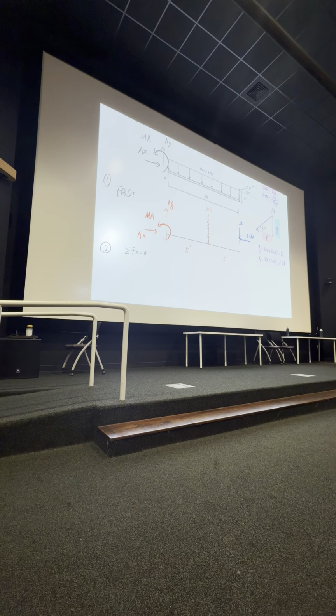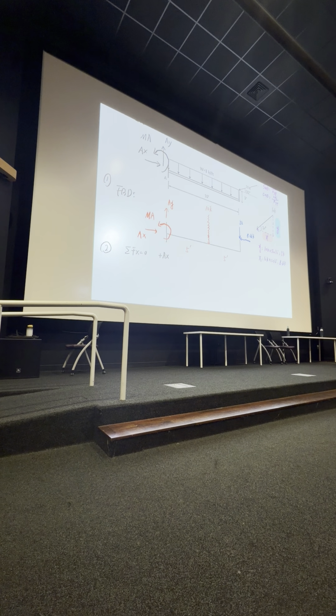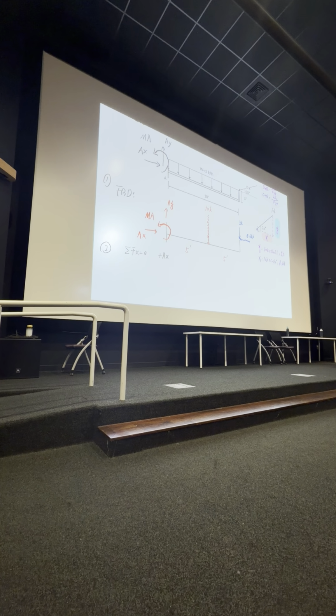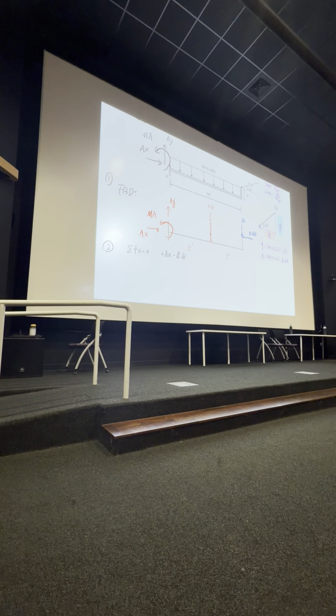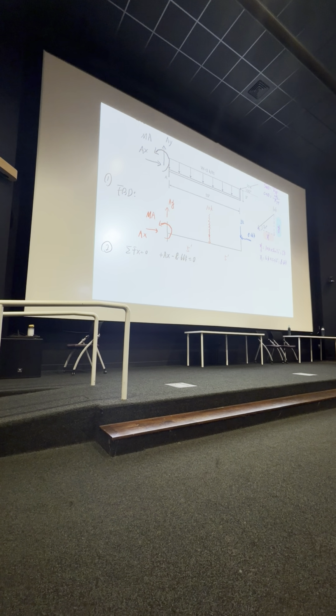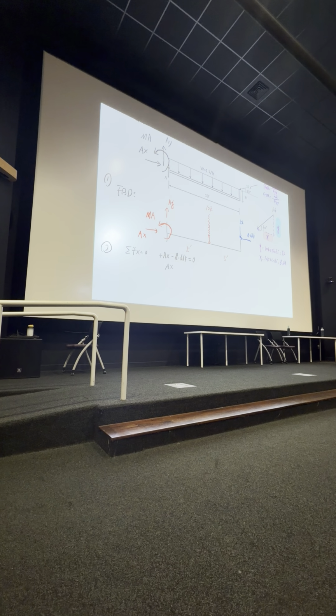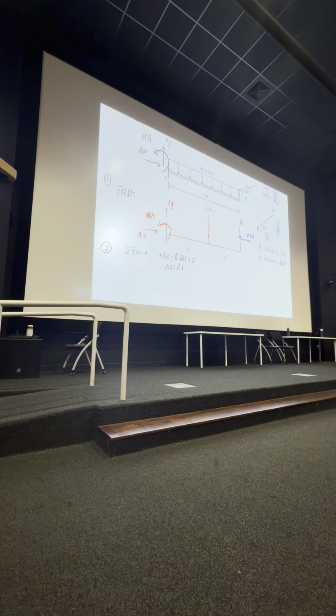We have this AX going to the right, so it means positive AX. And we have this 8.66k going to the left, which means negative 8.66k equal to 0. So you get AX equal to 8.66k, going to the right.